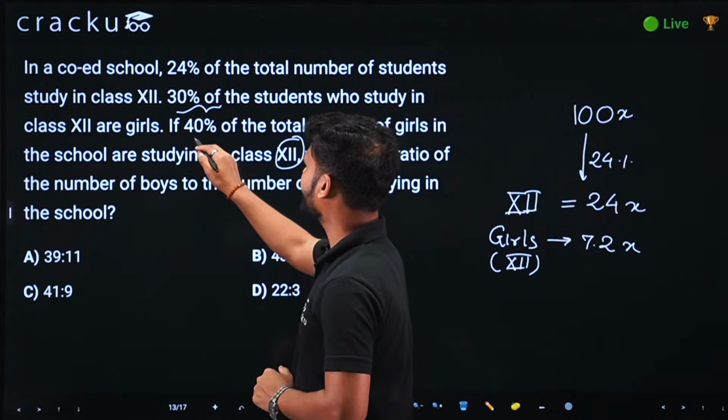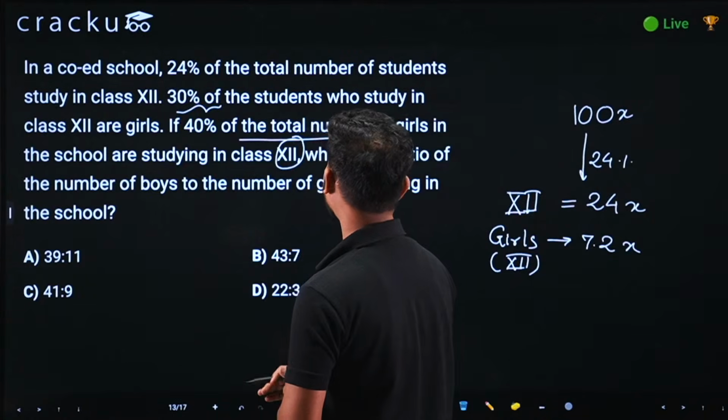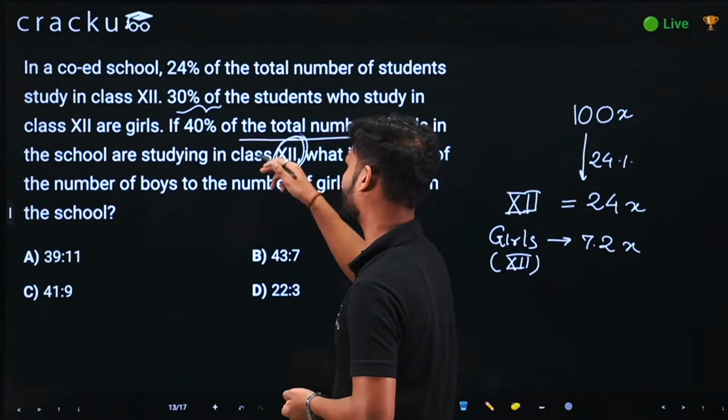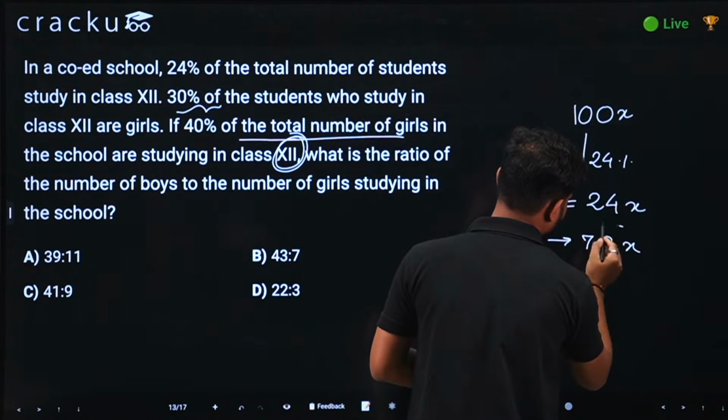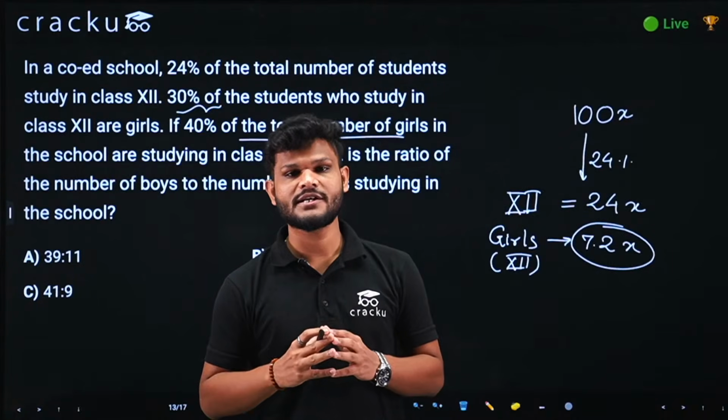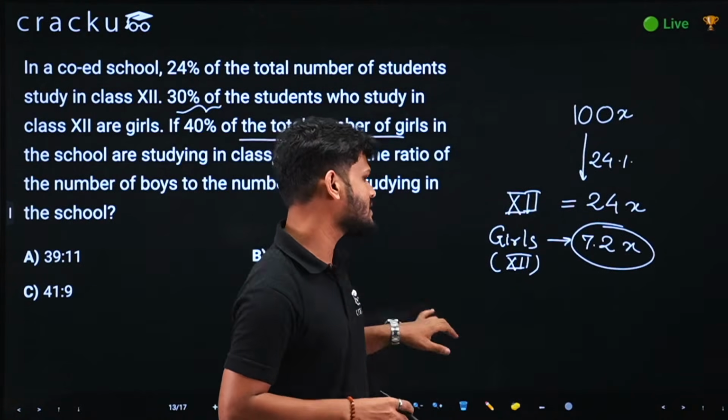Again, 40% of the total number of girls in the school are studying in class 12. So the number of girls studying in class 12 is 40% of the total number of girls in the school.